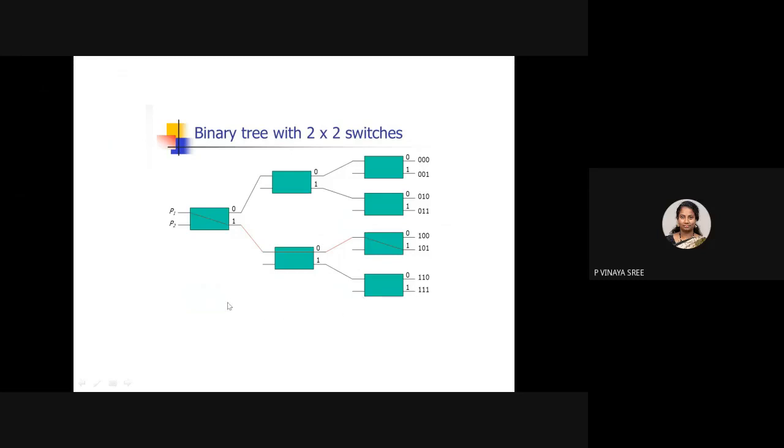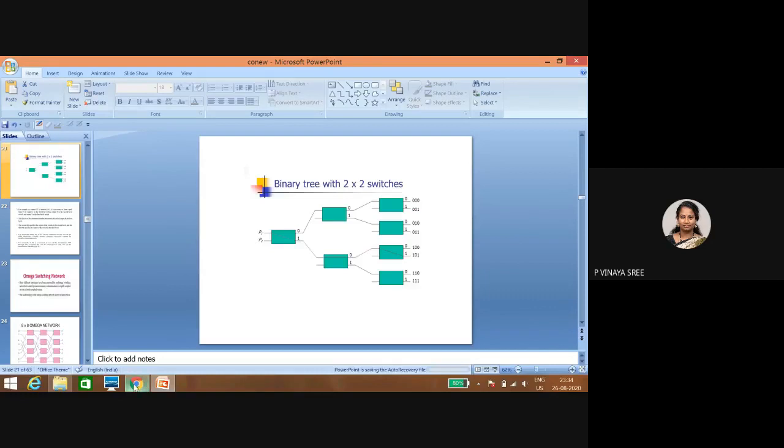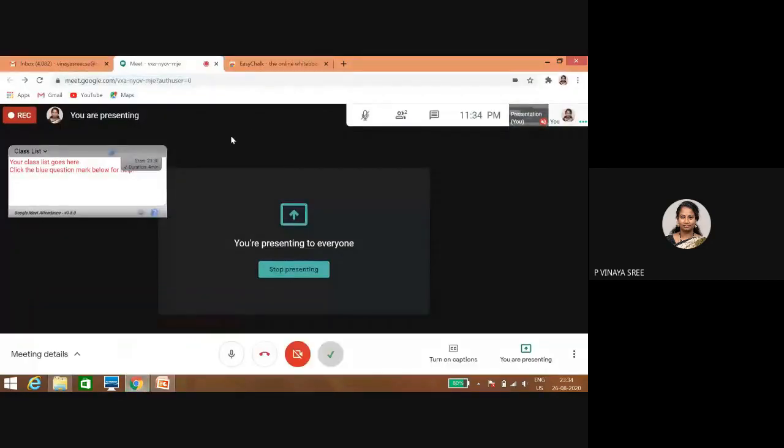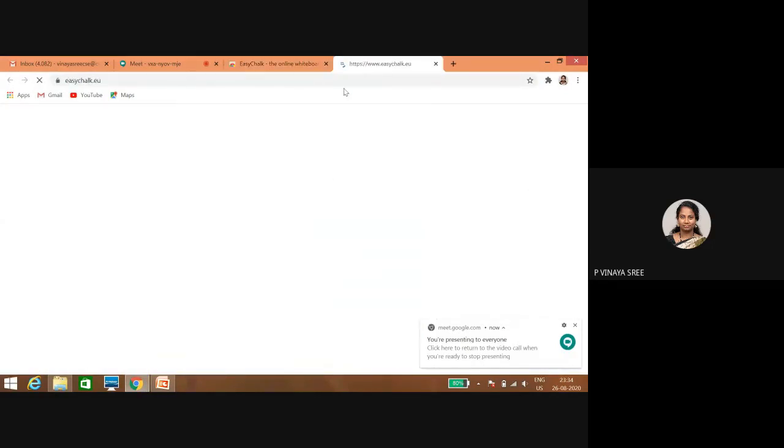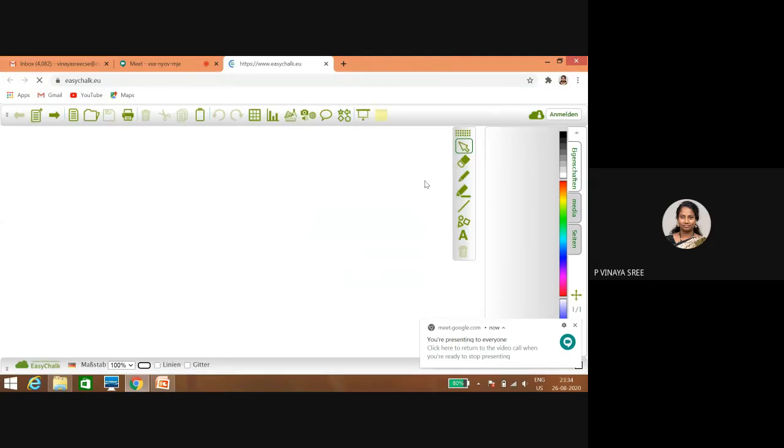Okay, so 101. Let me show with an example. Here processor 1 wants to access memory module 5.